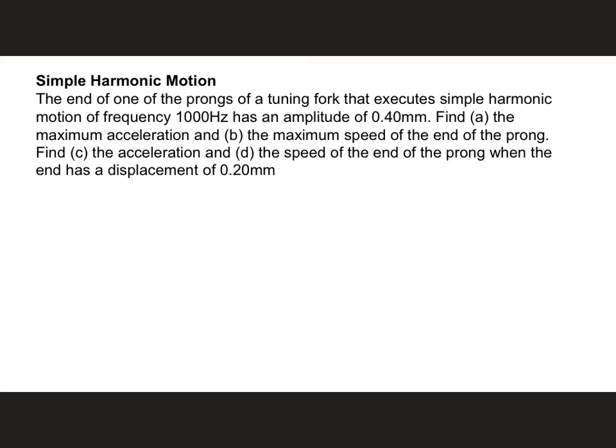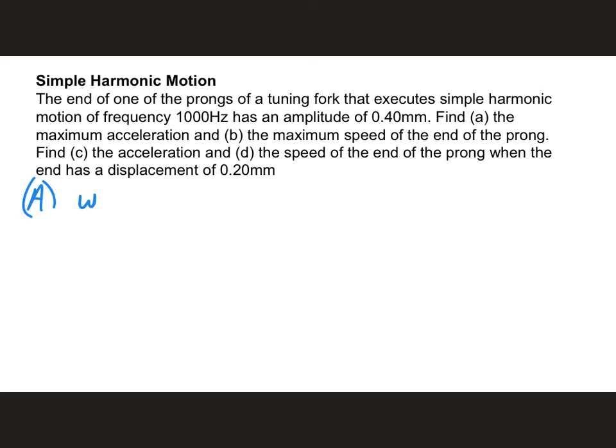Now, the tuning fork that we were talking about a second ago: find, again, the max acceleration and speed, so we're going to use those same equations again. And then find those things again at a particular displacement. All right, so part A here. We're just going to use the equation we just saw.